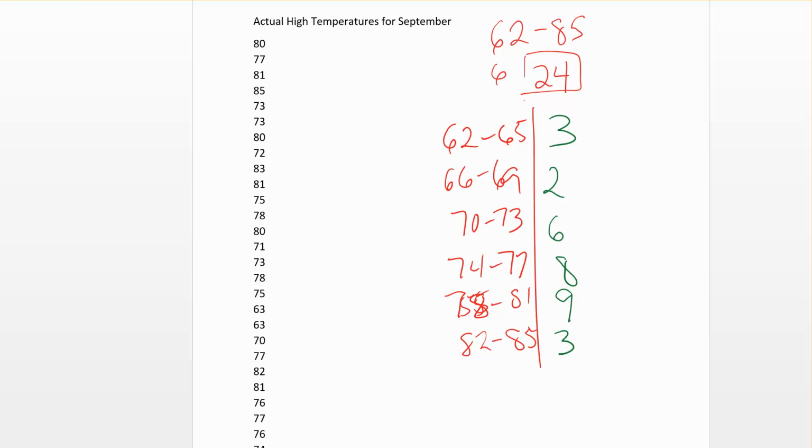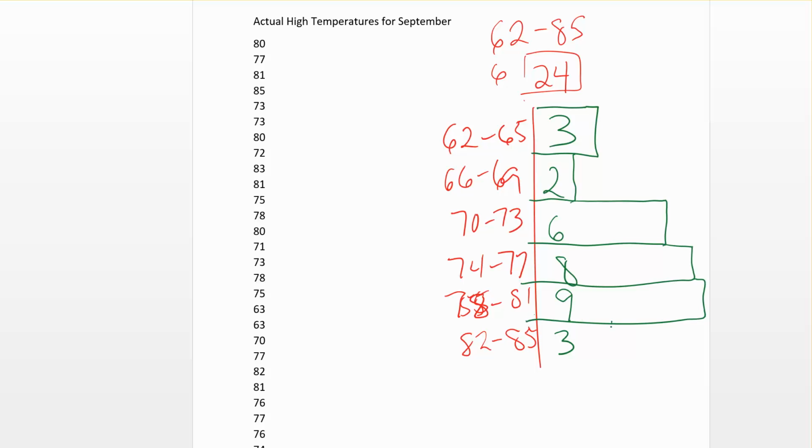Okay, so I've done my tallies, and it looks like there were 3 numbers that fell between 62 and 65, 2 numbers, 6 numbers, 8 numbers, 9 numbers, ran out of room, and then back to 3. So if we looked at our histogram, and if we imagine looking at it on edge, so if we turned our head and looked at it, does it look like it is symmetric or bell-shaped?